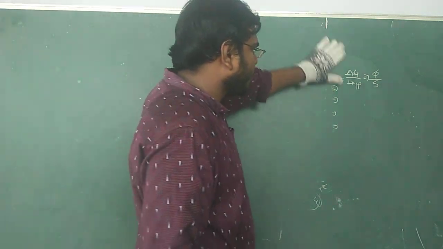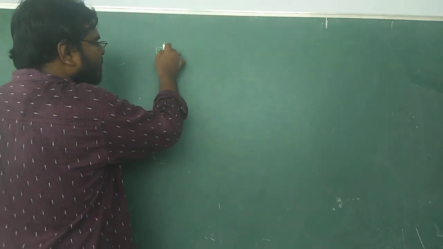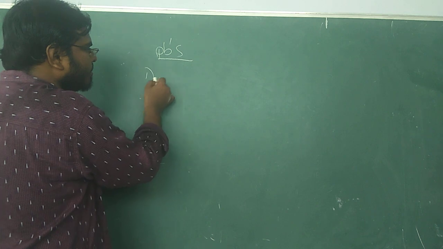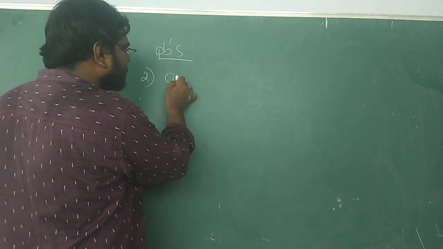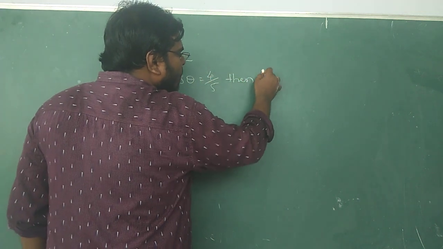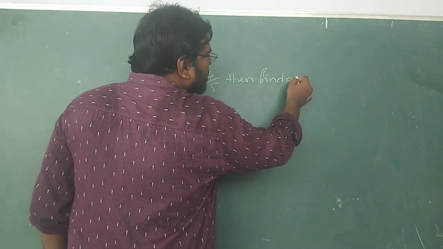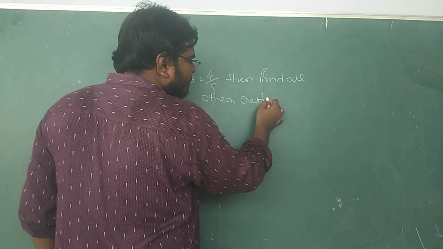Pause it and note it, okay? And I will give you some problems here. The first problem I'll explain now. Cos theta is equal to 4 by 5, then find all of the ratios.